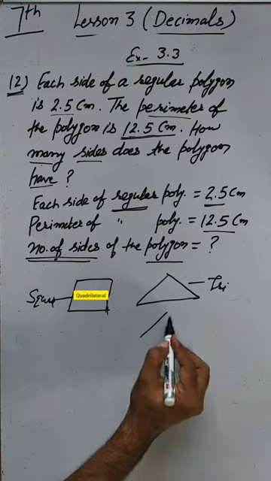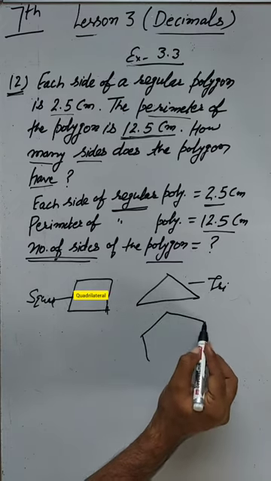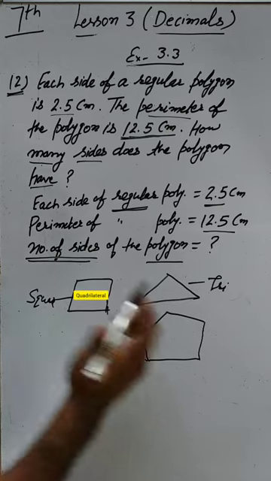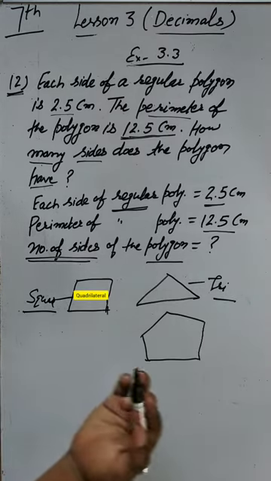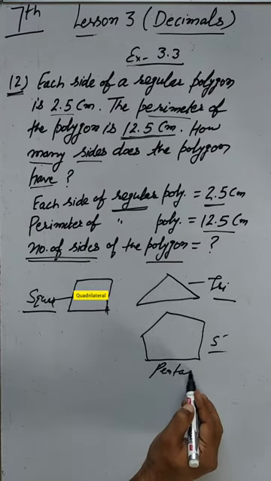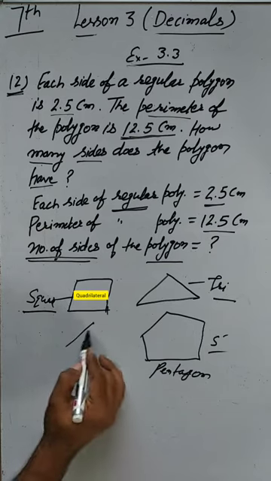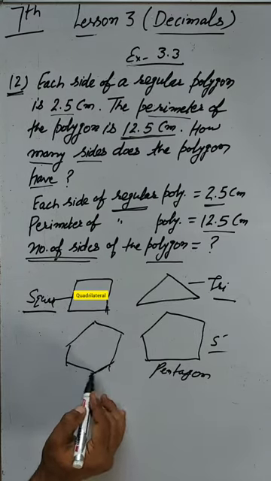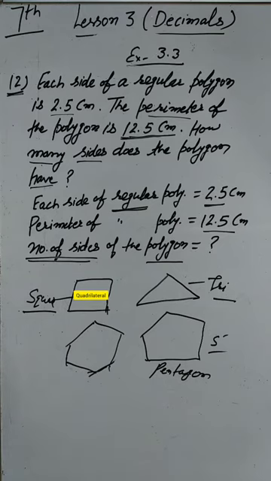If it has 5 sides, it is called a pentagon. 6 sides, it is called a hexagon. So a polygon is a closed figure with any number of sides. You can take n number of sides. Similarly with 7 and 8. Okay, beta? Clear?